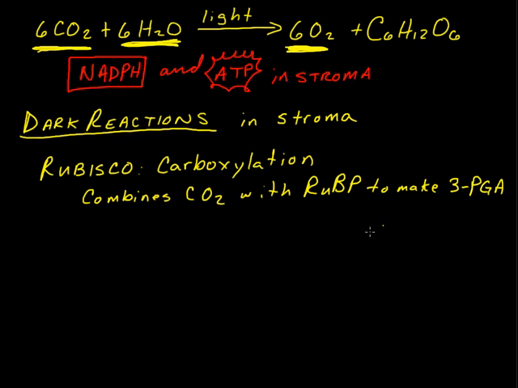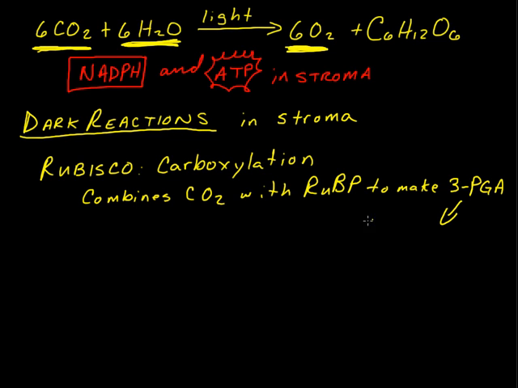Okay, and that's in your notes already. This 3 is significant in that it denotes that this molecule here, which is the first real product of the dark reactions, actually contains 3 carbon atoms. And so the dark reactions that we're describing now, in this particular version of it, which is the most widely found version in the plant world, is referred to as the C3 cycle because of this 3-PGA molecule.